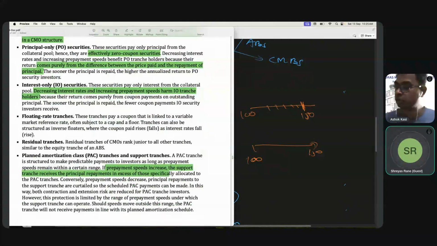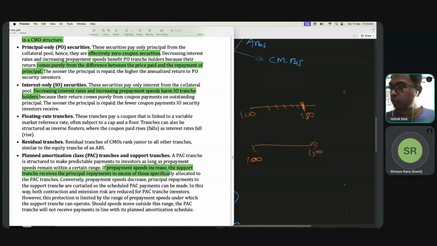Interest only securities. Interest only tranche. These securities pay only interest from the collateral pool. Decreasing interest rates and increasing prepayment speeds harm interest only tranche holders because their return comes purely from coupon payments on outstanding principal.